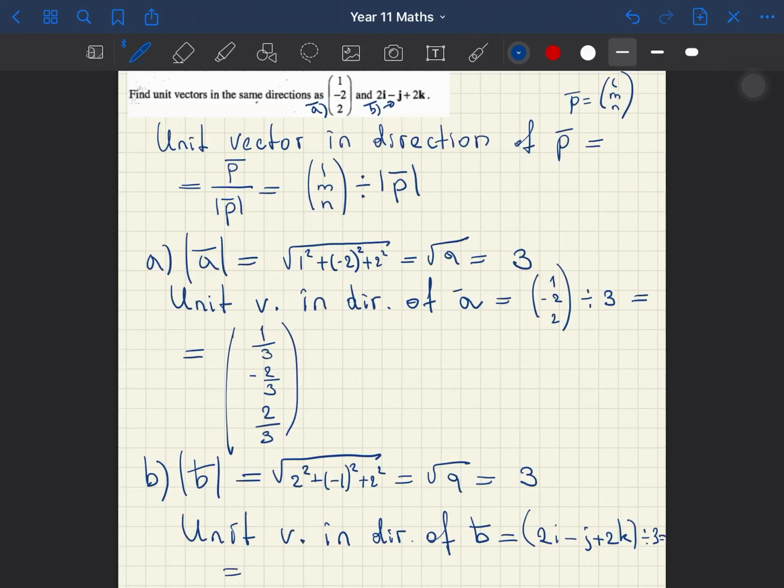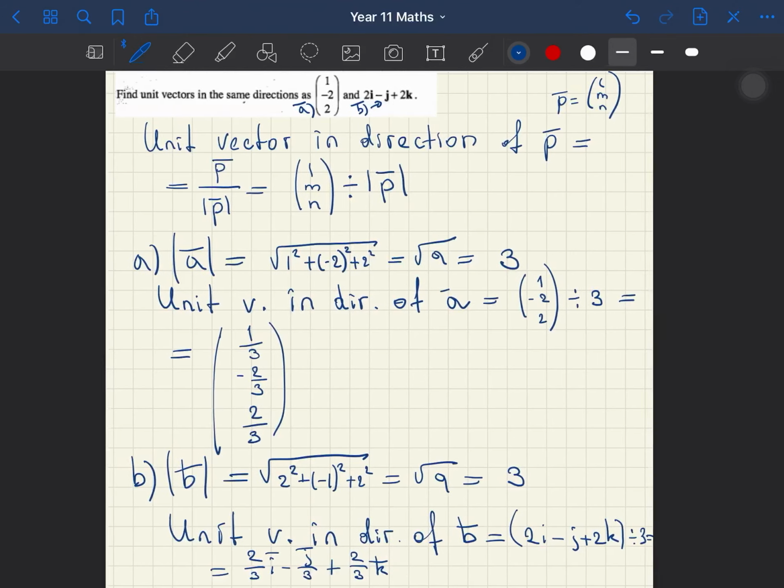So that's going to be equal to 2 over 3 i, minus j over 3, and plus 2 over 3 k. We can write it like that. Okay, that's it for the unit vectors.